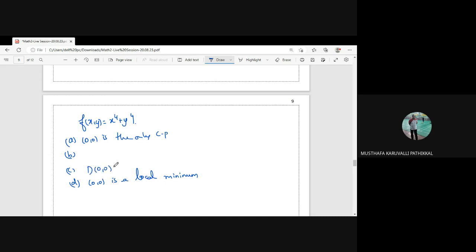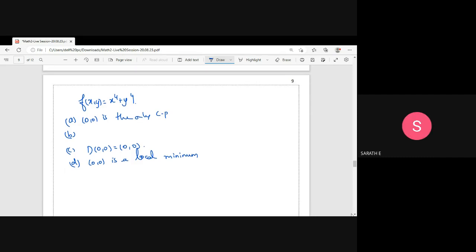That is where the, I won't say confusion, it's a conflict, because I think it is given because it's a polynomial function. Let me see what is the value of the function f of 0, 0. It will be 0, right?